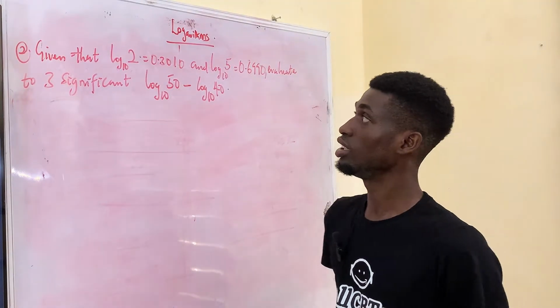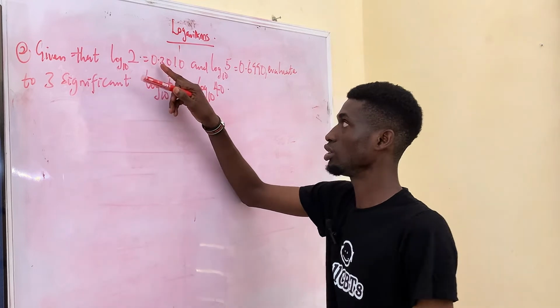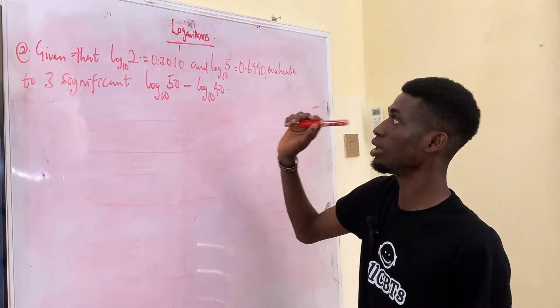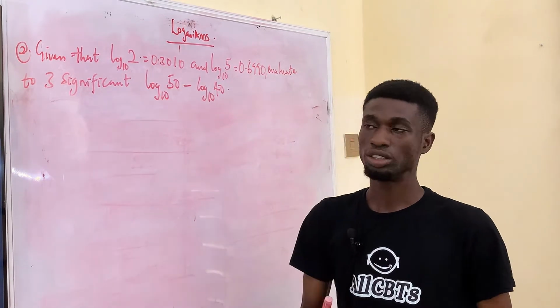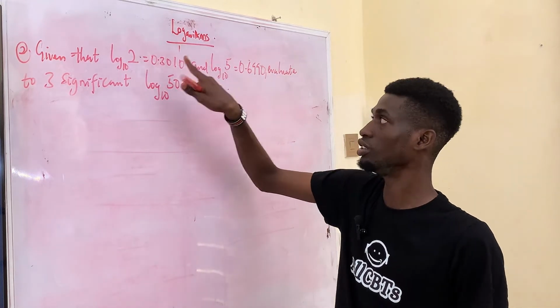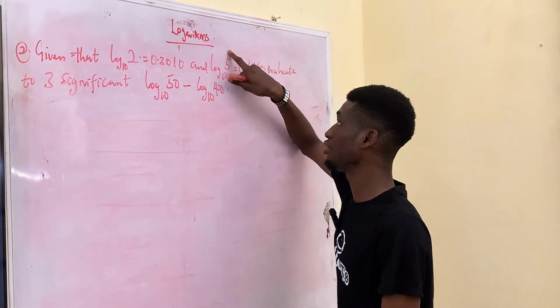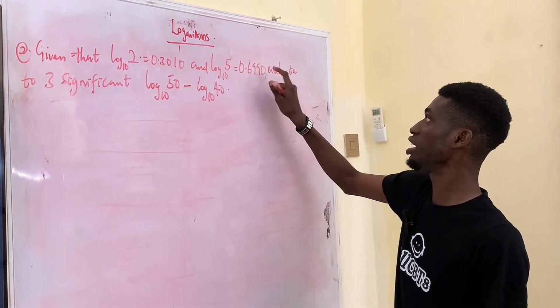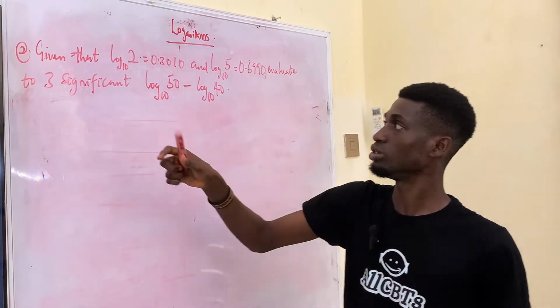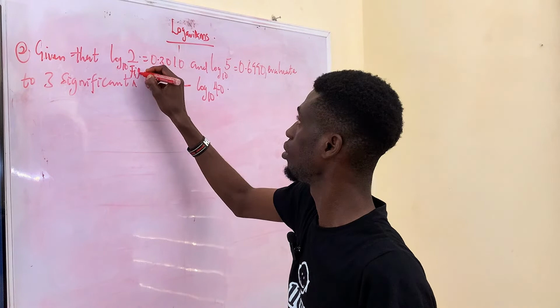Now question 2 says, given that log base 10 of 2 equals 0.3010, and I told you earlier on, if you press this on your calculator, it is surely going to give you this figure. And log base 10 of 5 equals 0.6990. Evaluate to 3 significant figures.